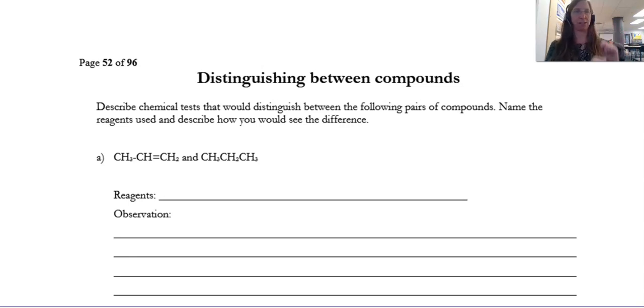Sometimes we have to take a step in the middle, like we saw with Hess's law, and we took advantage of that in our calculations. So first of all, these distinguishing questions.